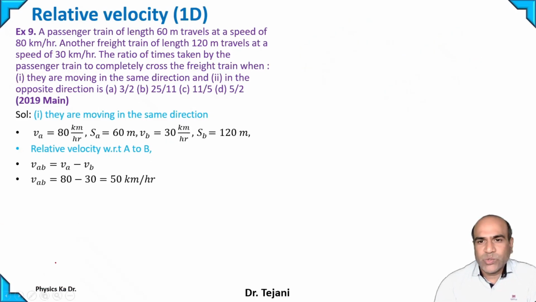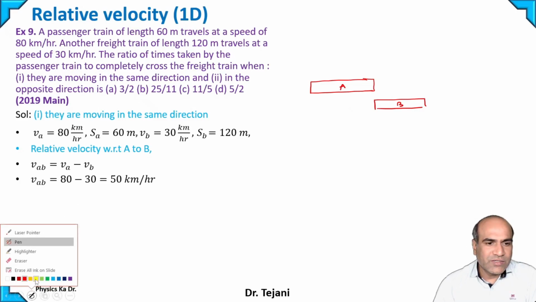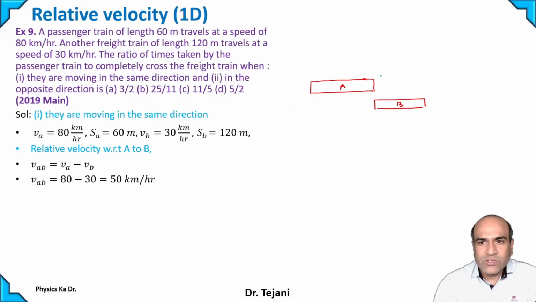Let's redraw the trains once again for better understanding. This is train A and this is train B. Train A starts overtaking from this position. This distance is SA and this distance is SB.